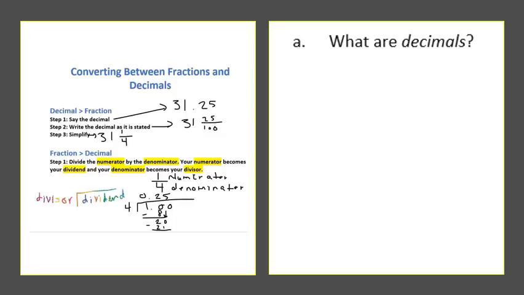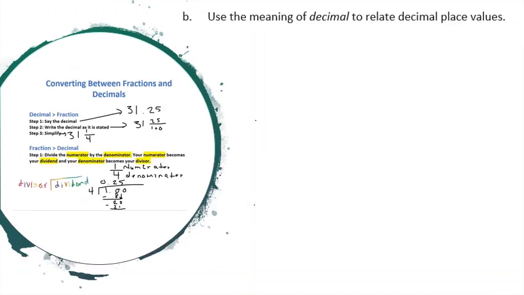So decimals specify points on the number line by repeatedly subdividing intervals into tenths. If a unit is divided into 10 equal-sized pieces, one piece will be 1/10 of that unit. Second question, take a moment to answer this. Use the meaning of decimal to relate decimal place values.